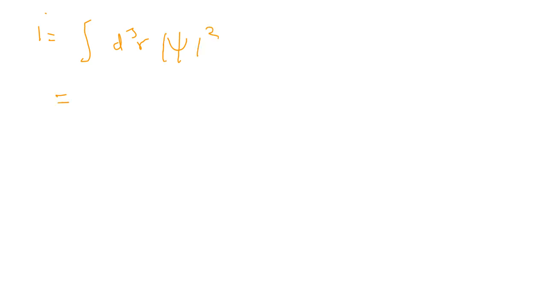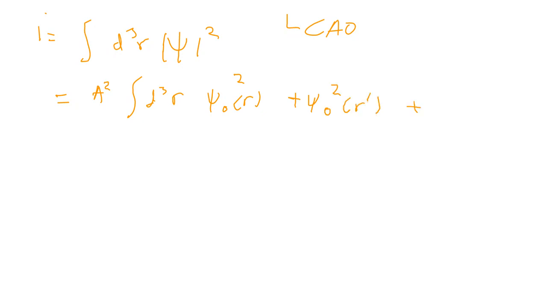And then this thing is called LCAO. It's just linear combination of your atomic orbitals. So we took the two linear combination, or we symmetrize them. So this will give you a squared integral d3r, psi 0 of r squared plus psi 0 squared of r prime. But there's going to be these two psi 0 r prime, psi 0 r d3r. The original atomic orbitals were already normalized, right?